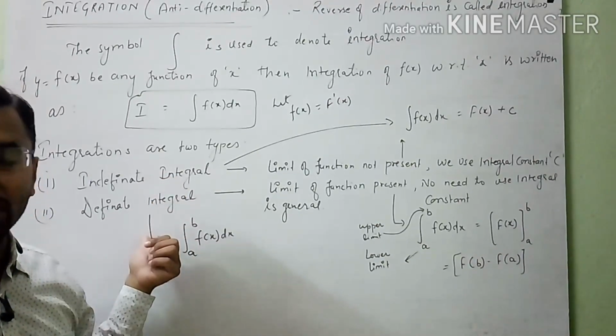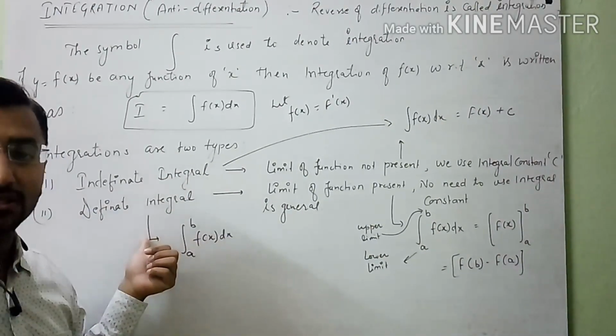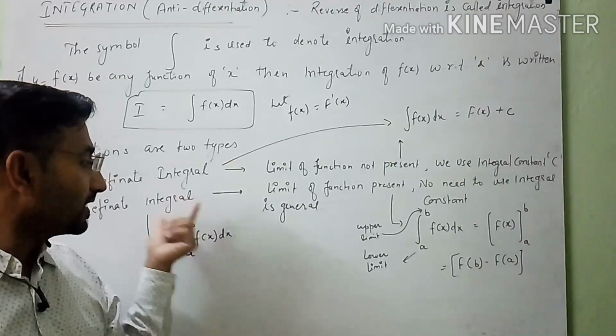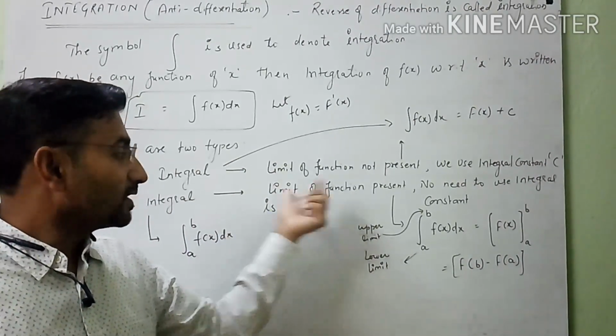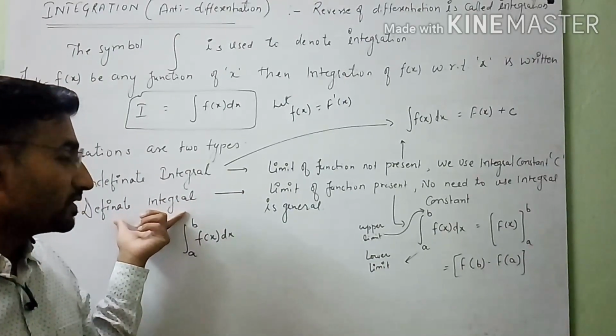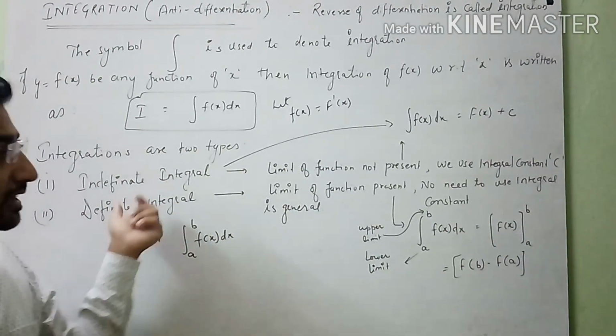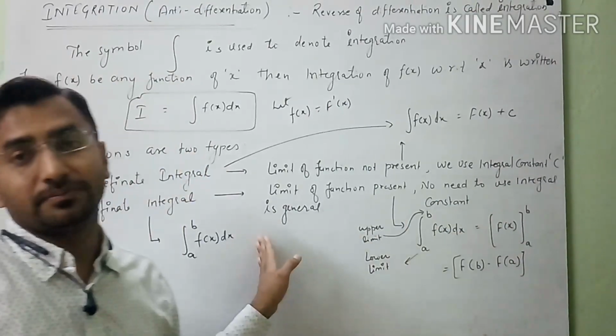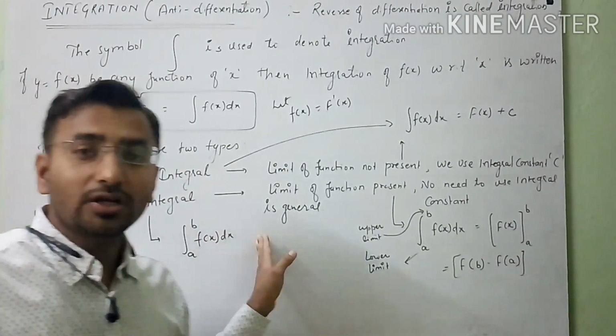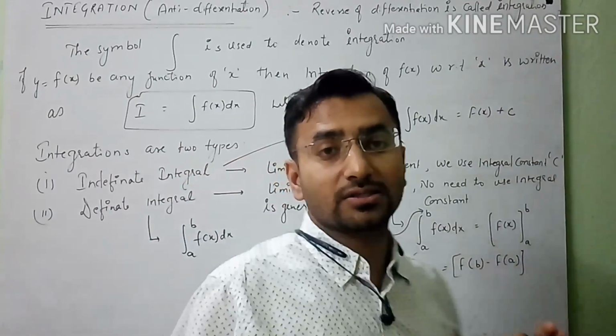On the other hand, definite integration has a limit. Under this limit, when we solve problems related to definite integration, there is generally no need to use an integral constant. Clear?